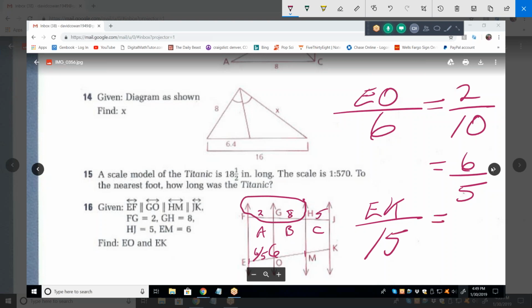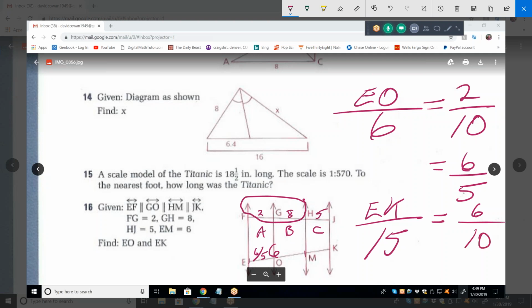And I know EK is the smaller one. As what is to what? How about EM versus FH? EM is 6. Its corresponding side is FH, which is 10.